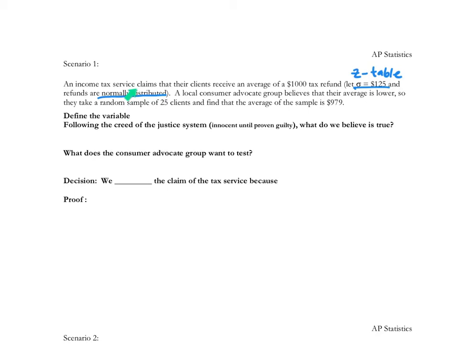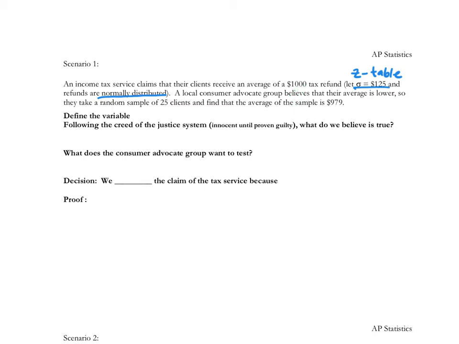However method you choose, sometimes they ask for a fee. And so this tax service is trying to appeal to customers and say, on average, our clients receive $1,000 refund. So that's their claim. That's their way to entice their clients, right?